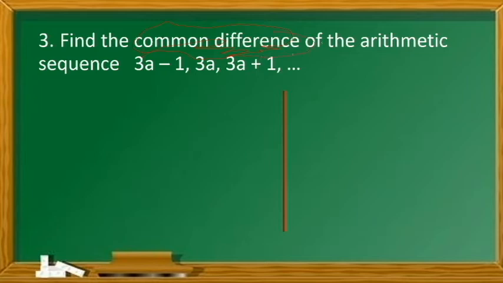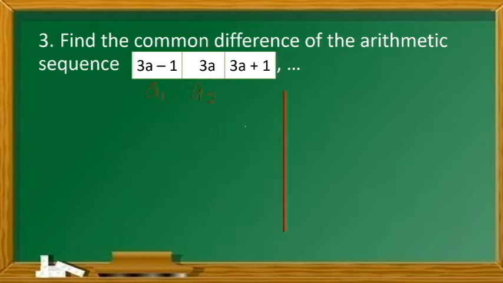Now, observe this given sequence. 3a minus 1 is called the first term, or our a sub 1. 3a is called the second term, or a sub 2, and 3a plus 1 is called the third term, or a sub 3. Therefore, we are given the first three terms of this arithmetic sequence and we are asked to find the common difference.